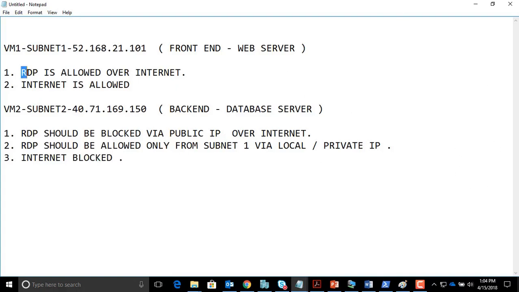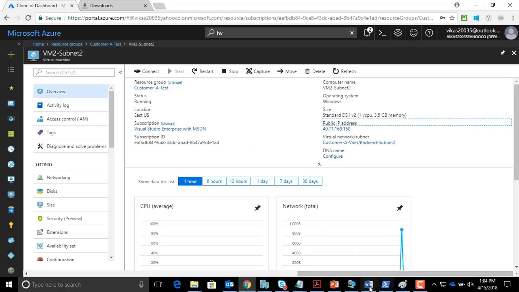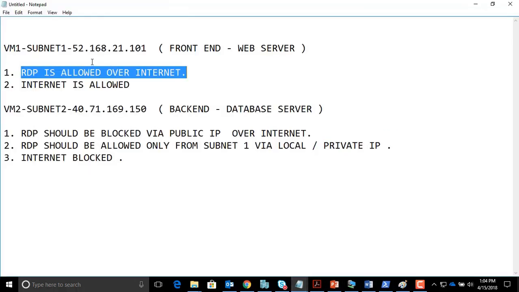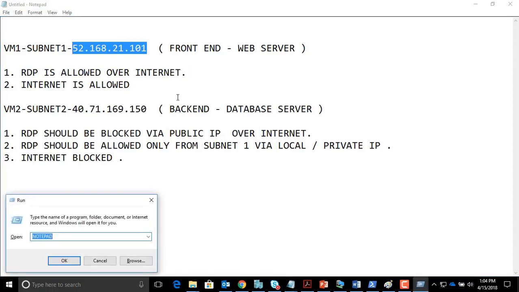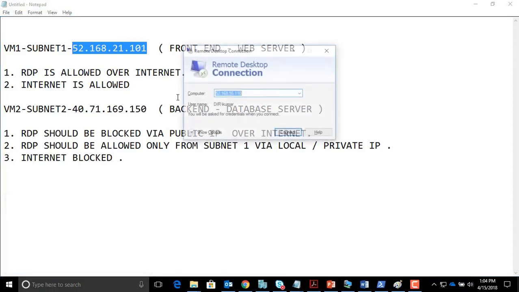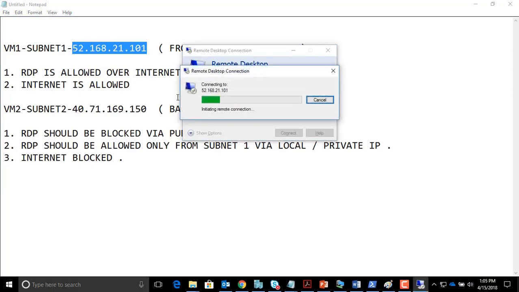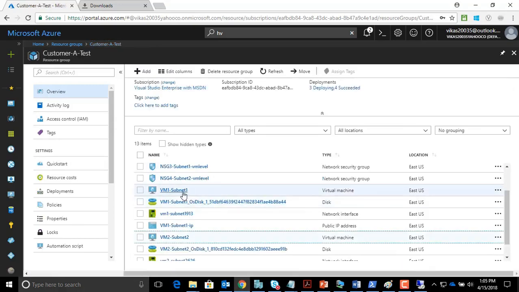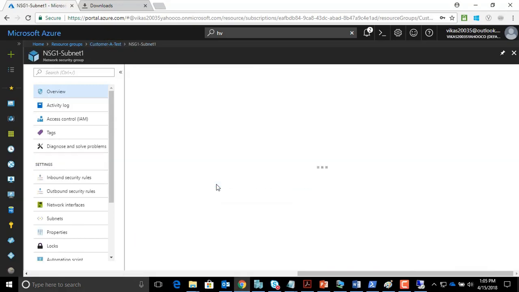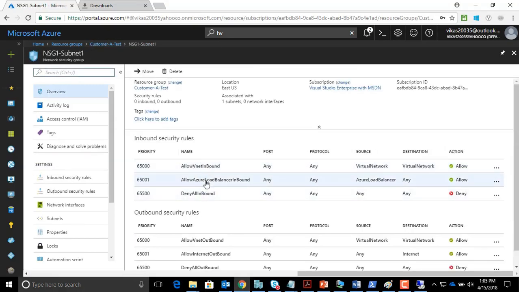So let's see first on VM1 subnet 1, RDP allowed over internet. By default, RDP is not allowed if I'm going to log in with subnet 1 virtual machines, because we've seen that in the default built-in rules, NSG1 subnet 1 inbound, RDP is not allowed.